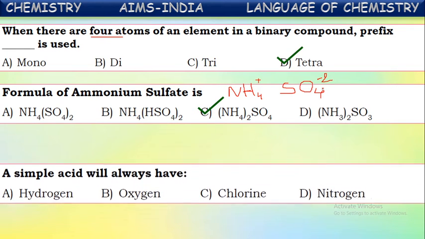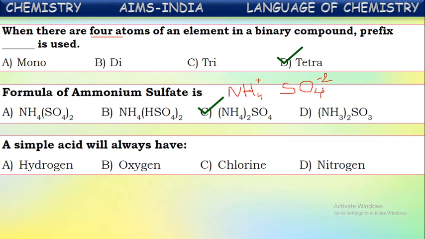Okay, next one. A simple acid will always have, what will it have? Generally, there is a common element in all the acids. What is the common element in all acids? Yes, hydrogen. Hydrogen is common in many of the acids.